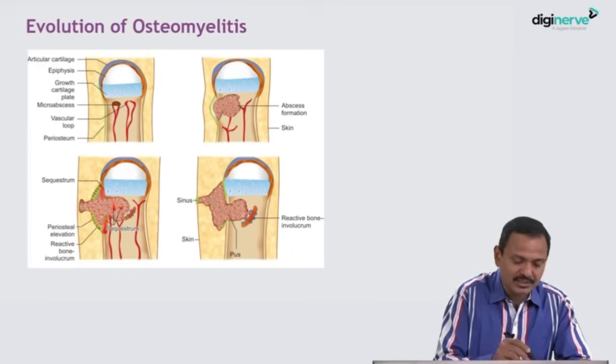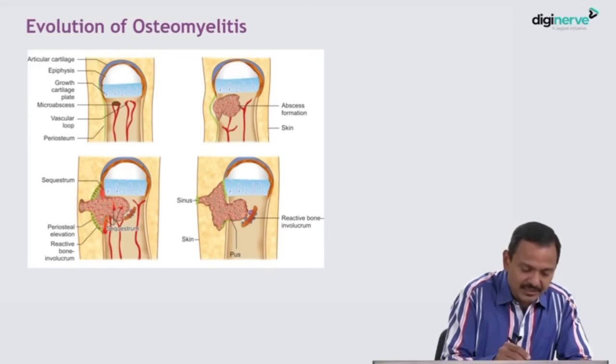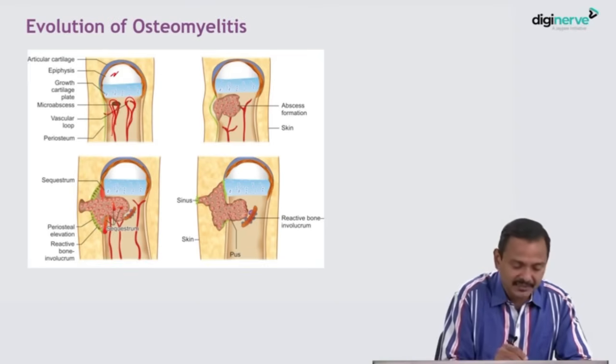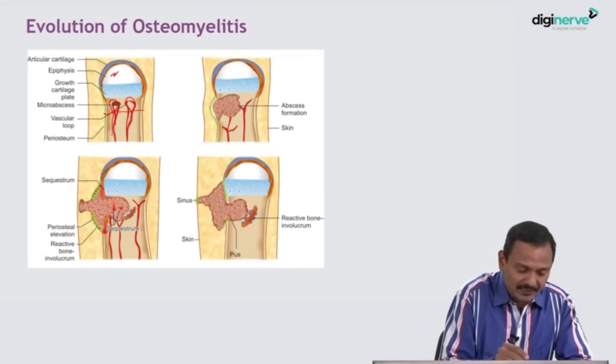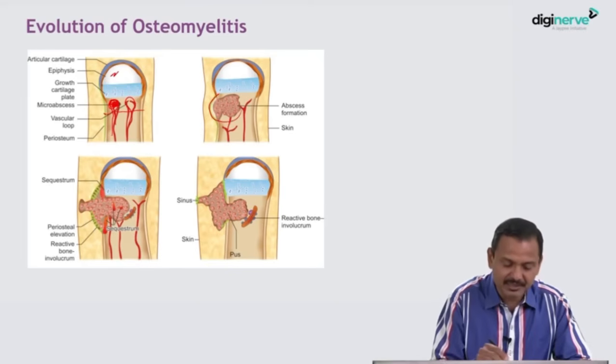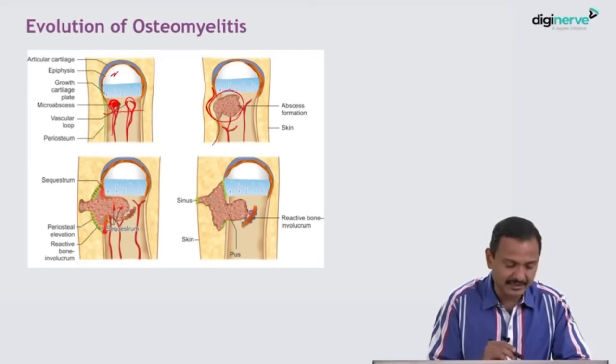Now, let's see how it looks here. Okay? So, if you see here, this is the epiphysis and this is the metaphysis region. In the metaphysis, you can see the vessels are loopy, or a lot of capillary network will be there in the metaphysis region. So, what happens? The infection starts here. The microabscess forms, then the microabscess becomes a bigger abscess, and then you see the periosteum is still intact.